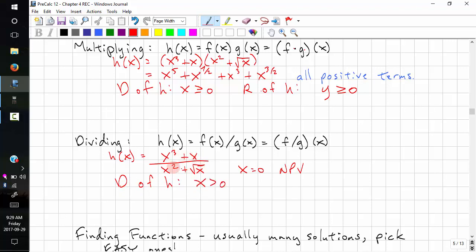We do have a common factor that cancels out, and that's root x, so we can factor out a root x out of everything. That means we do have a hole at 0, and since we have a hole at 0, y is greater than 0.